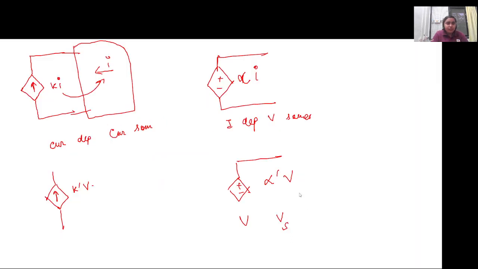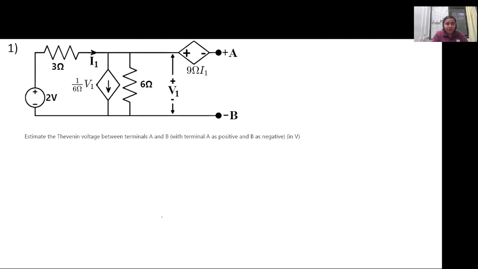So we will solve a few of the circuit problems, and we will look into the Thevenin's theorem and superposition theorem in those circuits. So the first question that we have for today is, a circuit is given in which there is one independent source, which is denoted by this round 2 volt, and two dependent sources. This is the voltage dependent current source because it depends on some V1. And where is V1?